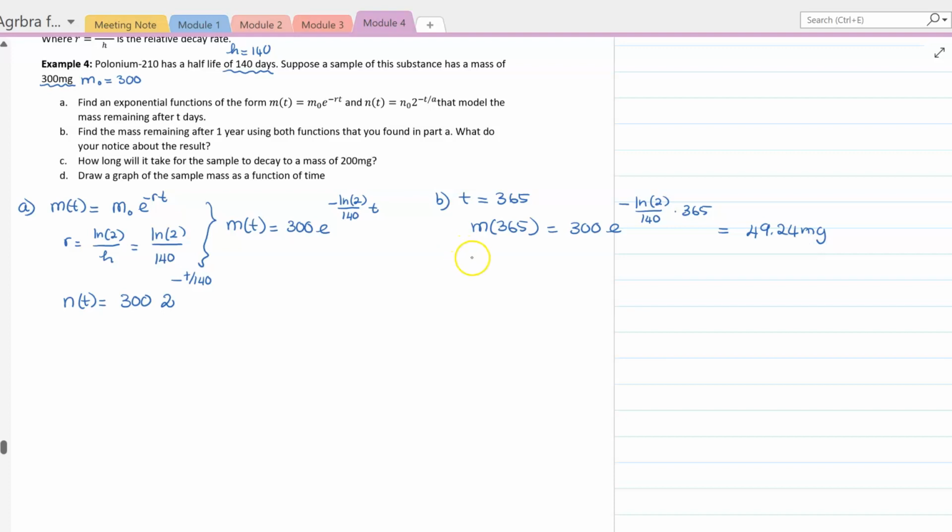Let's see what happens with the second formula. N of 365 is equal to 300 times 2 to the negative 365 divided by 140.